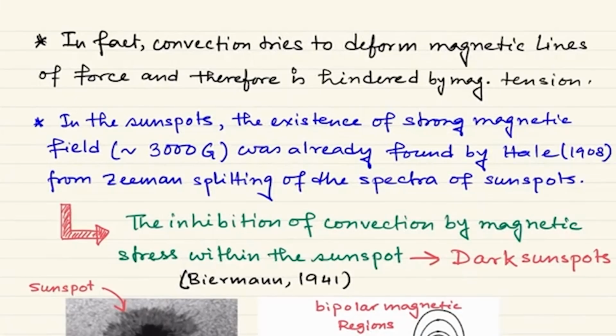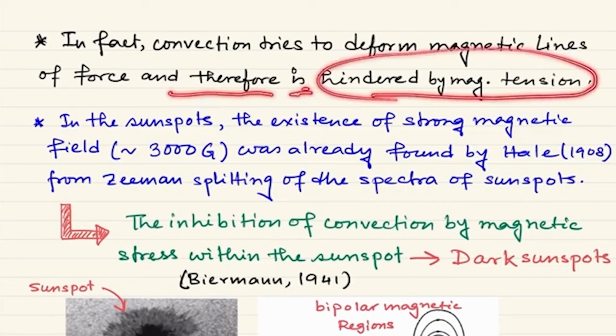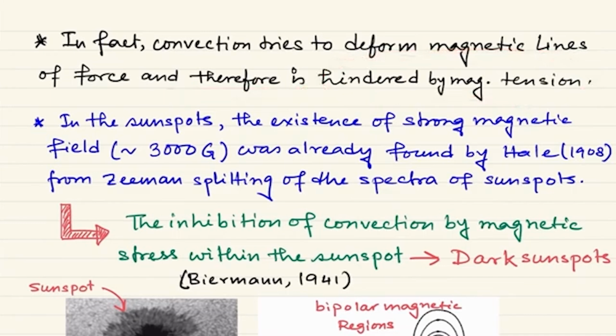Now, why is this? Physically, it is because the convection tries to deform the magnetic lines of force and therefore the magnetic tubes of force, and this is hindered by the magnetic tension, because magnetic tension does not entertain any type of sudden deformation of the magnetic lines of force or tubes of force.